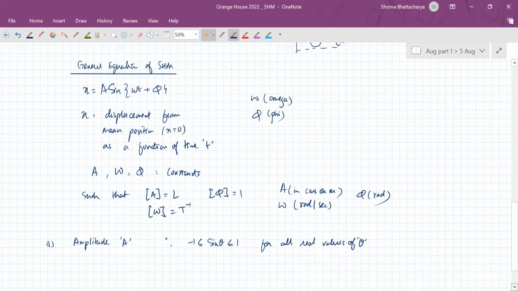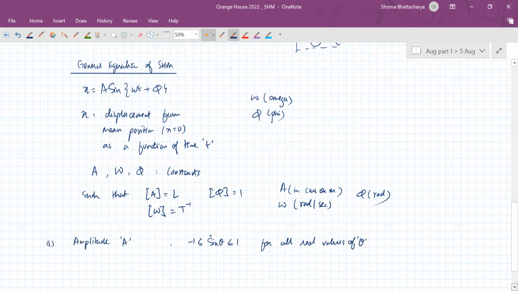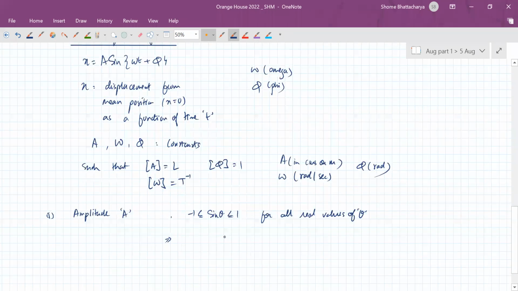So therefore, this term sine of omega t plus phi will also be in that same range for all values of time t.